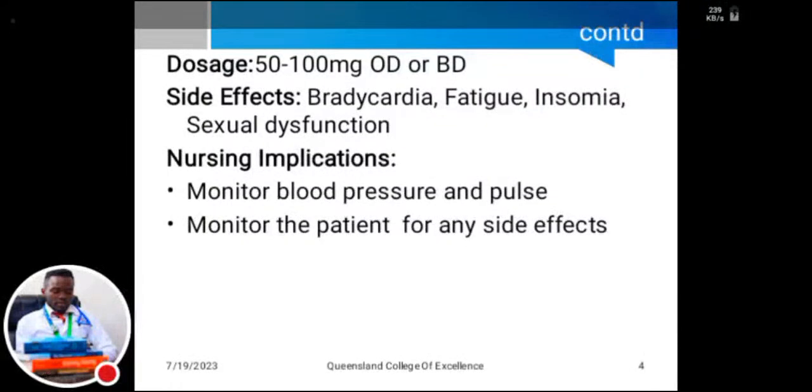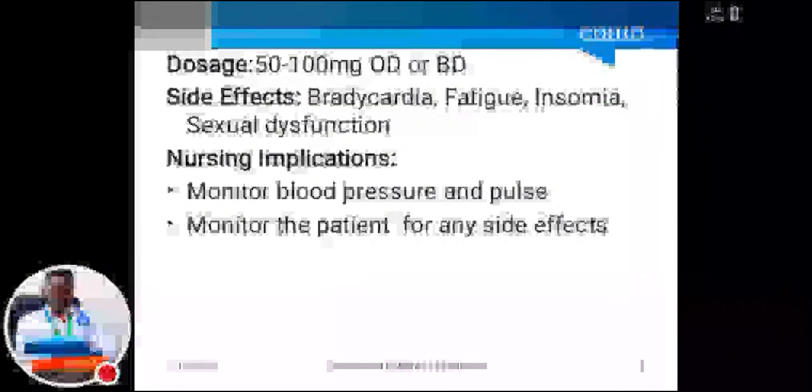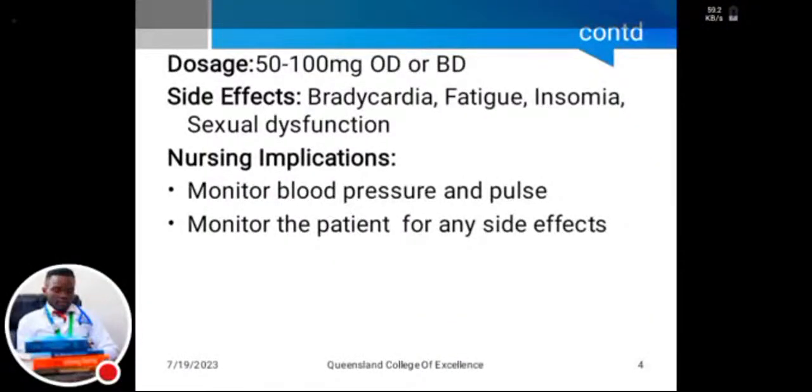Meaning that things are not okay. Those are just side effects. Then it also brings about sexual dysfunction in males when you take this drug too much.